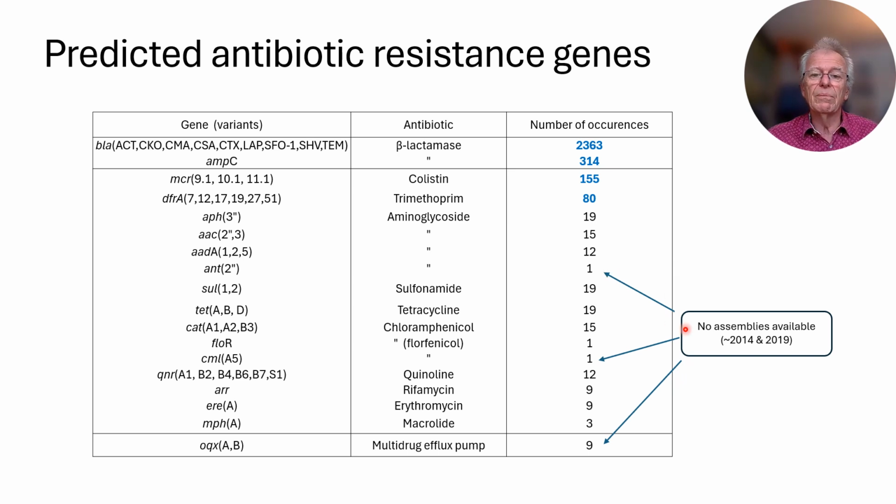Most of these were from 2014, and that covered the multi-drug efflux pumps, unfortunately. I said, well, most from 2014, there were a couple from 2019, but any entry referring to the multi-drug efflux pump were from strains for which there are no assemblies available to the best of my knowledge.